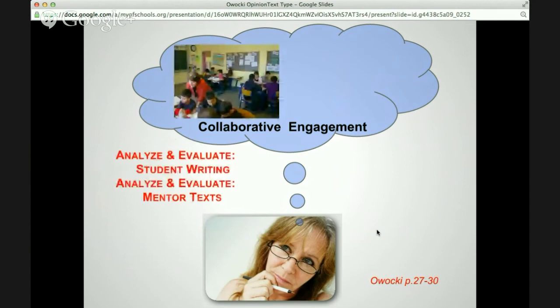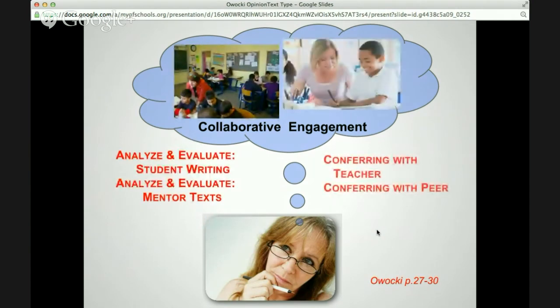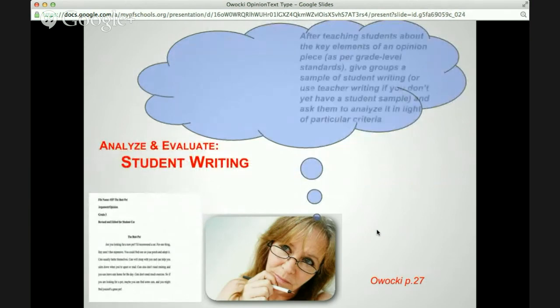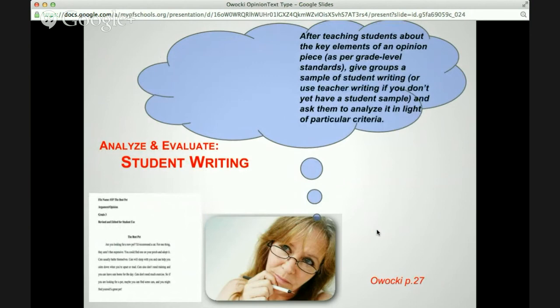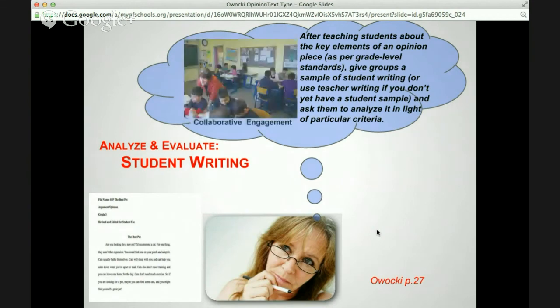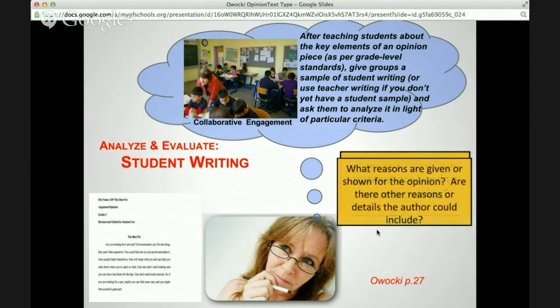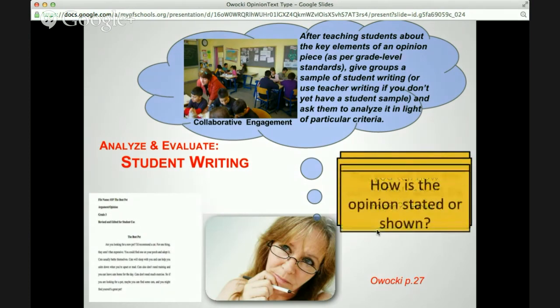So we know with collaborative engagement, it's about analyzing and evaluating text and about conferencing. If we look at analyzing and evaluating text, you've already taught the elements of opinion writing. You'd give groups samples of student writing. If you don't have student writing, then give them some teacher writing on opinion. And you'd use the questions for analyzing opinion writing that we looked at earlier: keywords and phrases used to express opinion, reasons that are given for the opinion, can you tell how the author feels about the topic, and how is the opinion stated or shown?